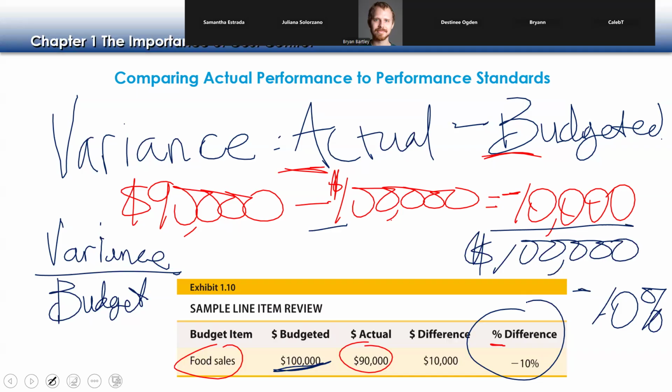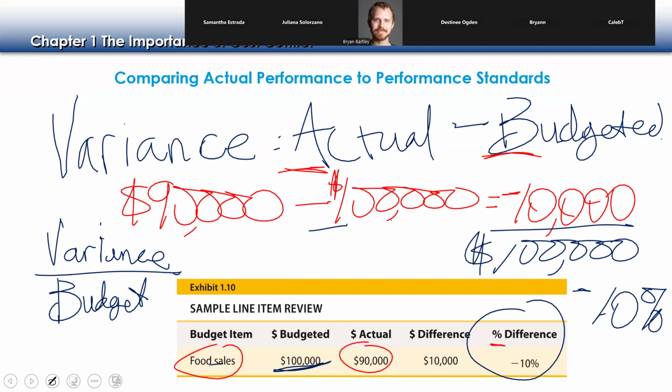Is that a good number or a bad number? What do you think? Thumbs up for good number, thumbs down for bad number. Okay, I see some thumbs down. I see a couple thumbs up. The answer is, it depends. This is only one piece of the puzzle, the sales.